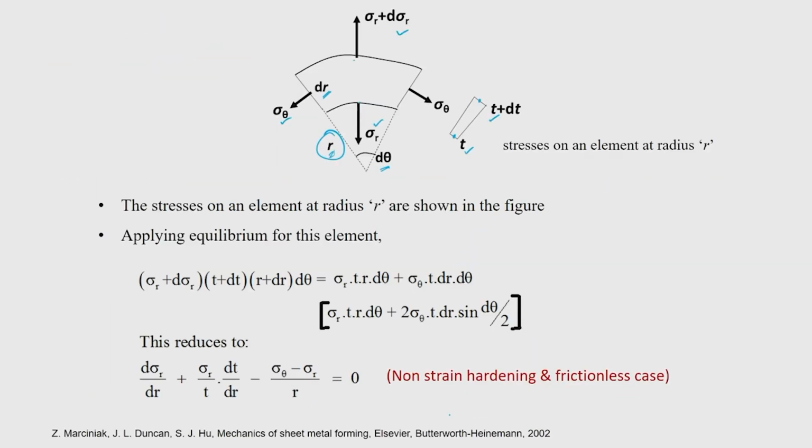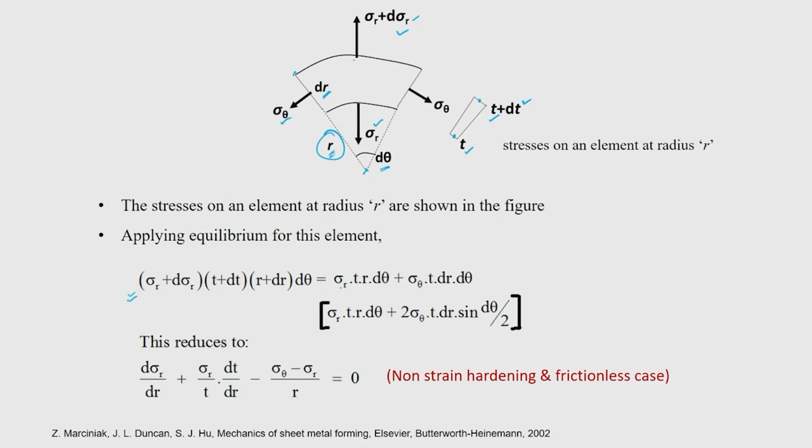Now I am going to apply equilibrium for this element, and if you do that you will get this particular equation. You can look into it. It is (sigma r plus d sigma r) into (t plus dt), that is your thickness here, into (r plus dr), which is the total radius, into d theta.